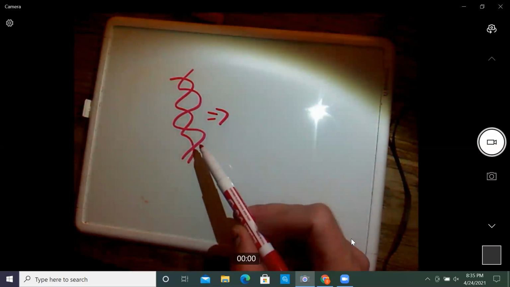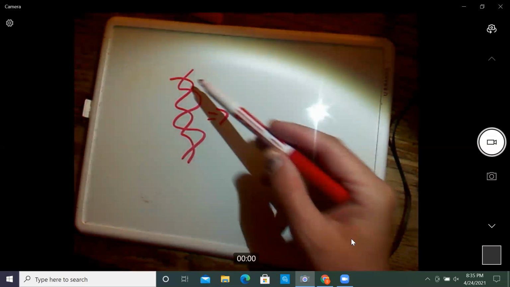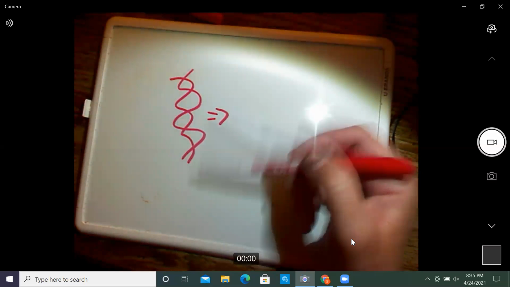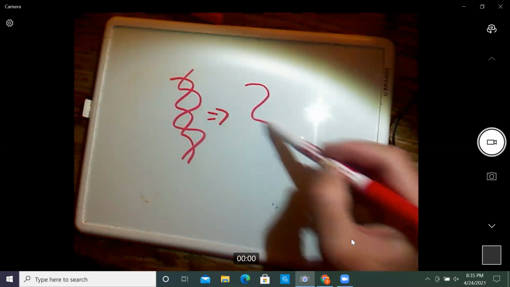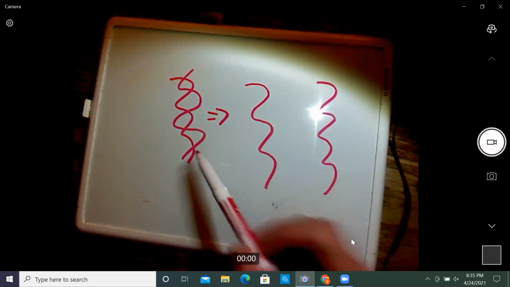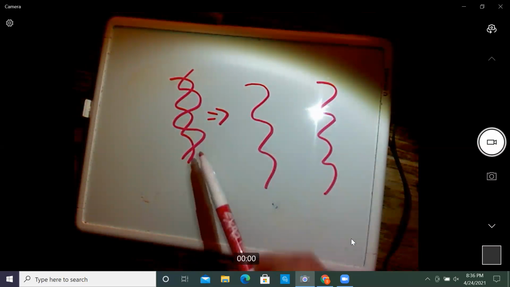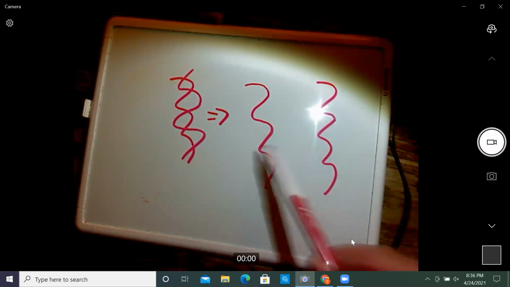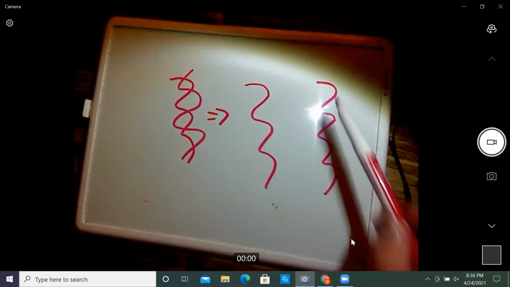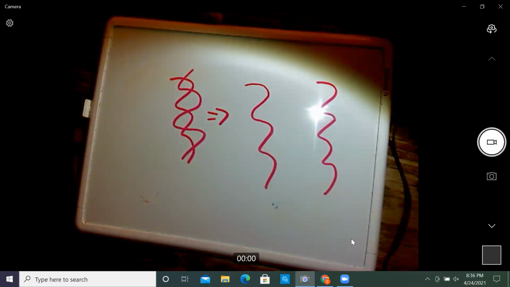So I drew my DNA molecule as red here to show you what I mean. So let's pretend that we pulled this apart, this molecule, and we're building a new one. So now I have two individual strands from this piece of DNA, and this isn't exactly how this works. I'm just giving you a really basic outline right now. We pulled this double helix apart, and here's one part of it, and here's one part of it. These red strands are part of the original molecule.